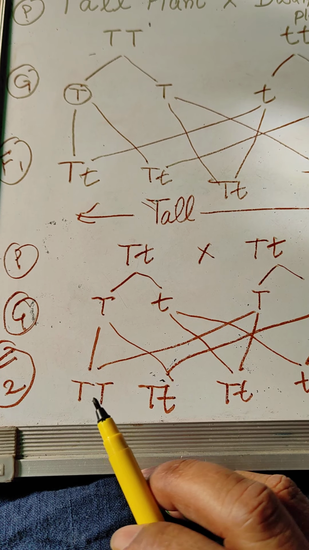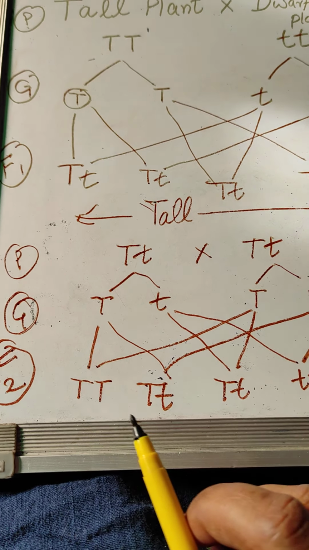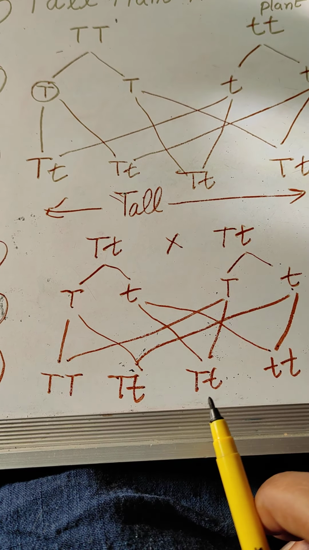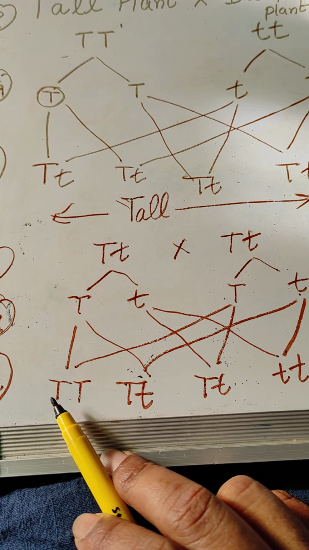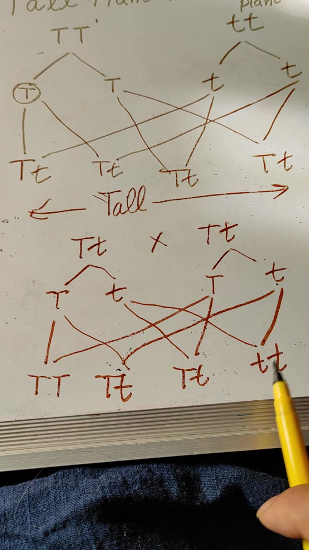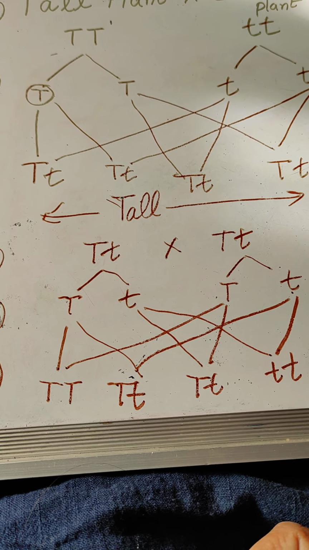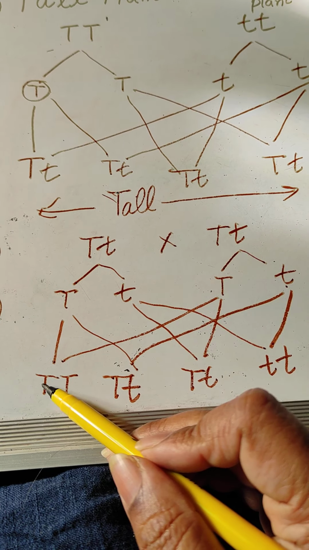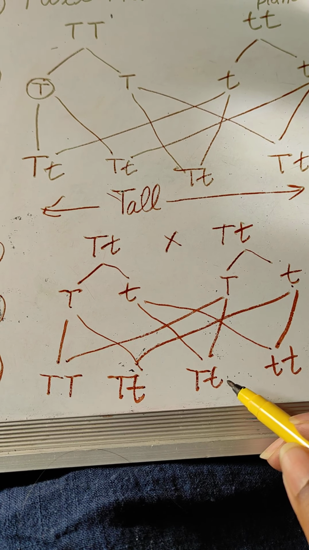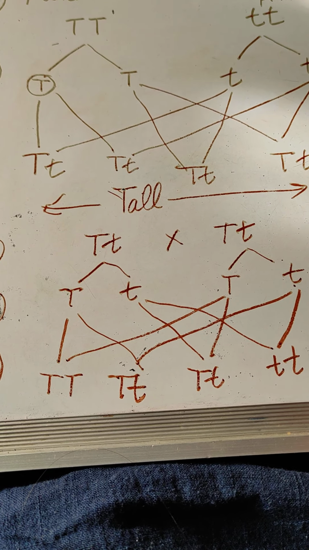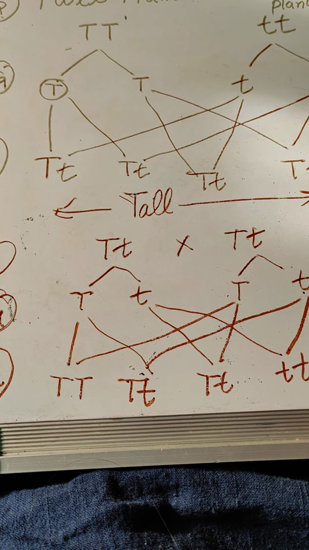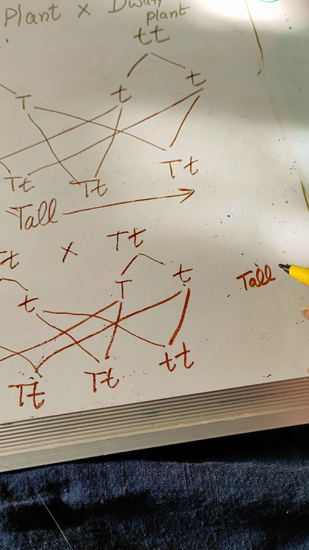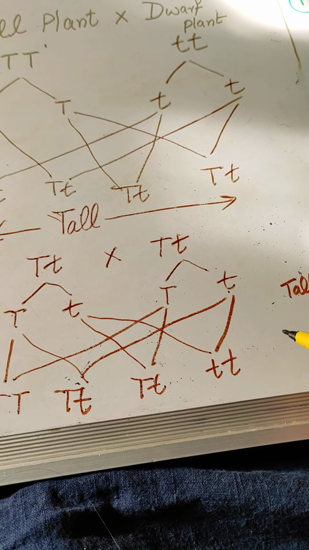capital T capital T, homozygous genotype; capital T small t, heterozygous genotype; and small t small t, homozygous. This is dominant, this is recessive. What is the phenotype? Tall, tall, tall, dwarf. So 1, 2, 3. How many tall plants? 3.